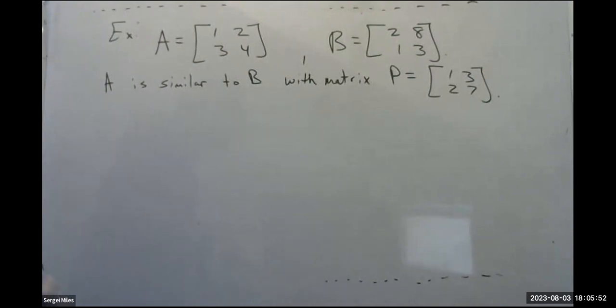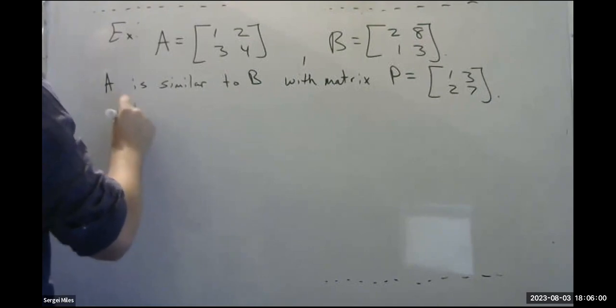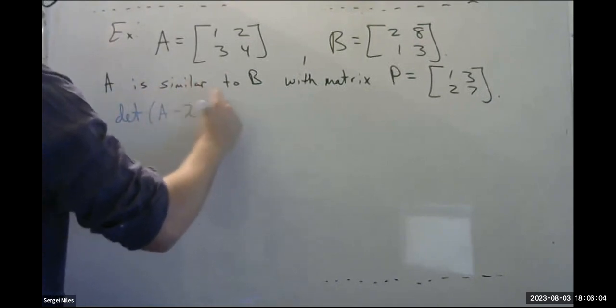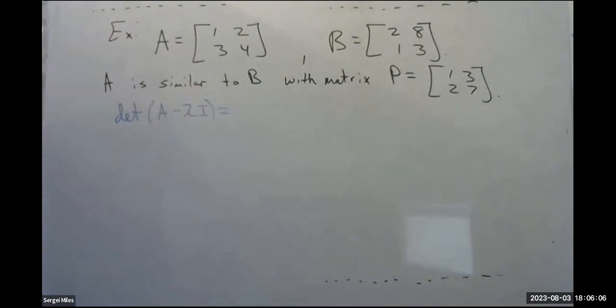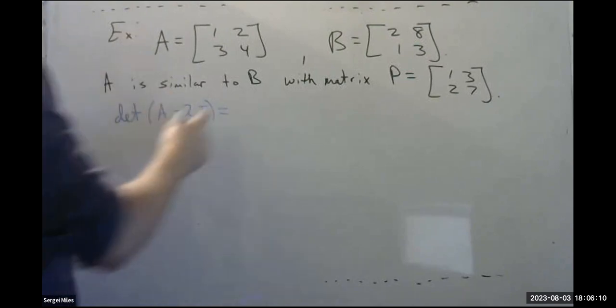Well, we can see here the characteristic equation for A is the determinant of A minus lambda I. Okay, what is that? Well, I would subtract lambda from the diagonal and multiply.